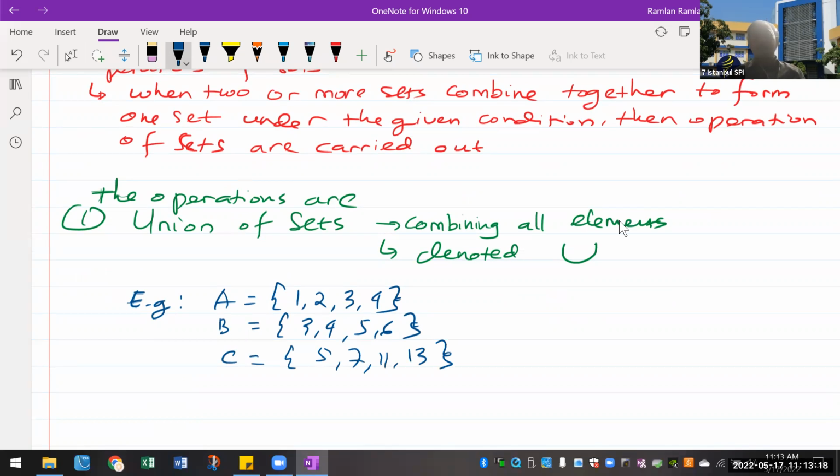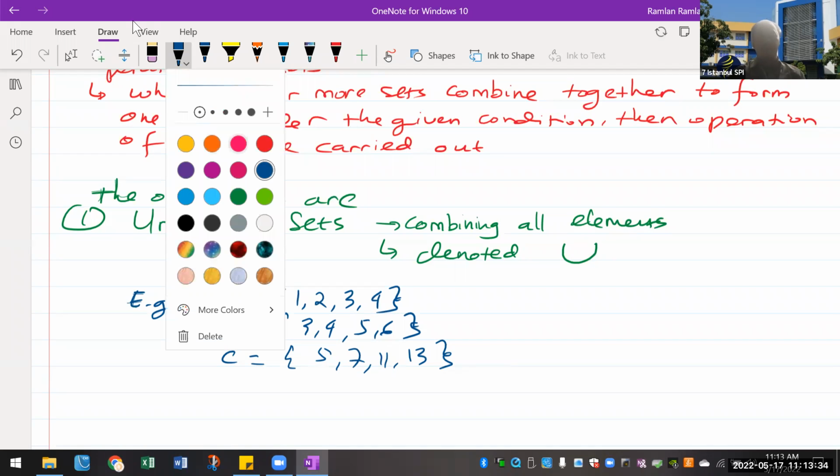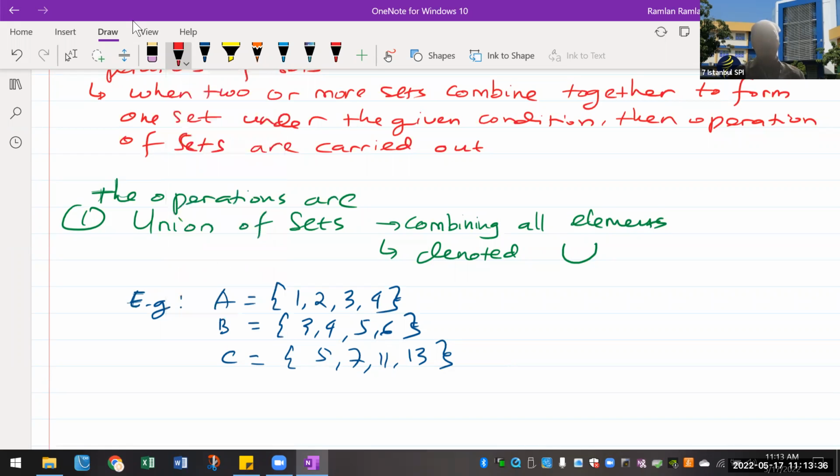In one specific question, when we want to know the union, you need to write down which sets you want to unite. The first question comes from these pairs of sets.